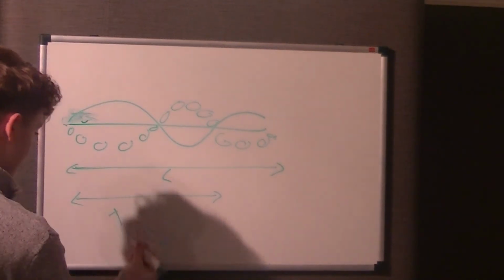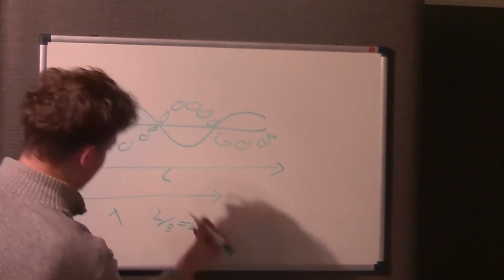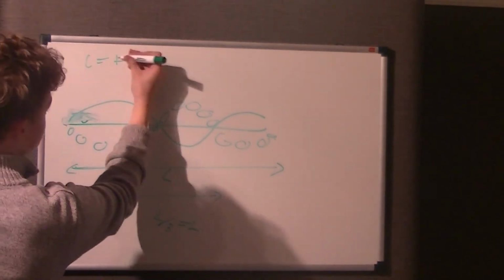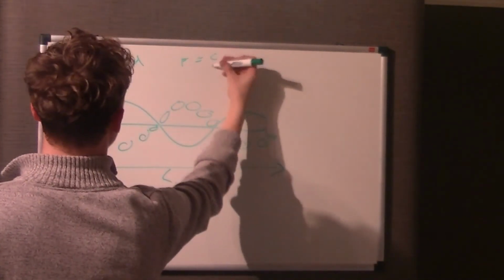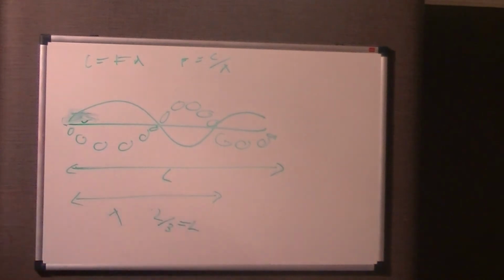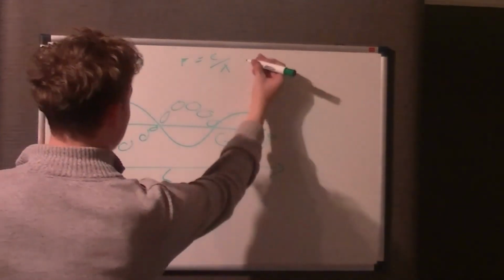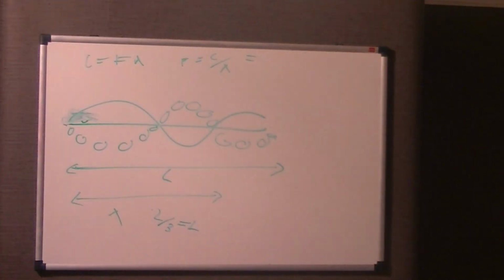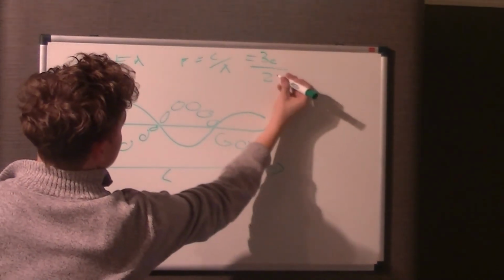So the wavelength, lambda, is equal to 2/3 of L. Now it's not going to fit into our simple equation of C equals F lambda to make F equals C over lambda, as our lambda is 2/3 of L. So we can substitute that in, mess around with it to simply get 3C over 2L.